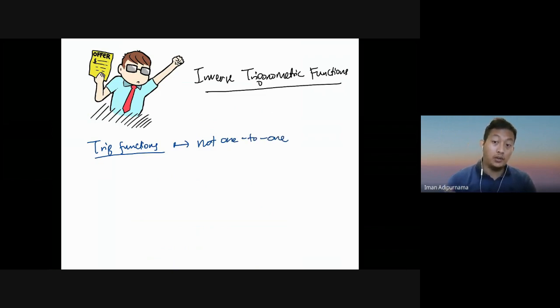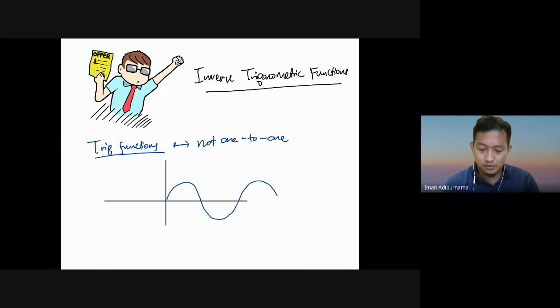Why can we conclude this? For example, in sine, when we test with the horizontal line test, it's not one to one, right? It's crossing more than one point.